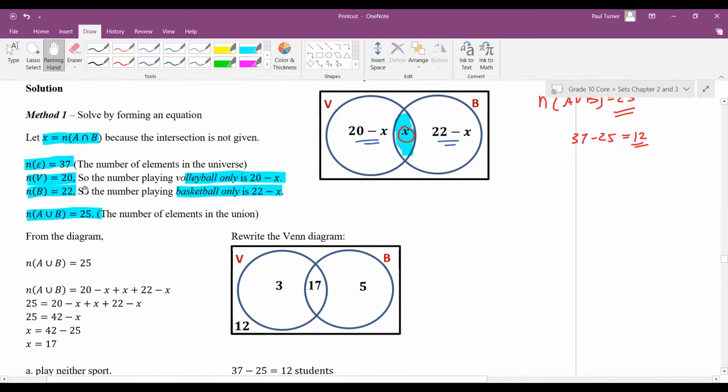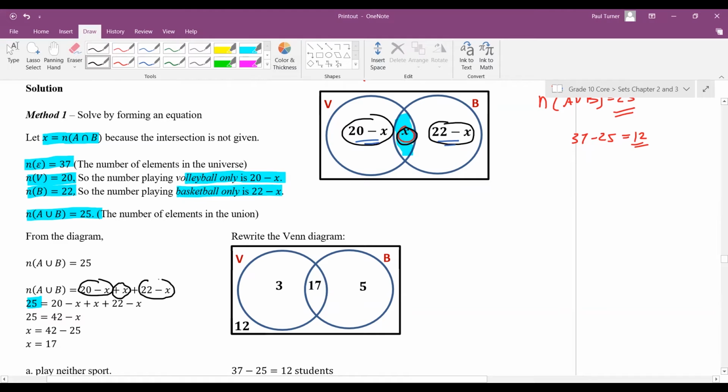So the number in the union we said is 25, which is here. So we're going to add these three things. So 20 minus x, which is here, plus x, which is here, plus 22 minus x, which is here.